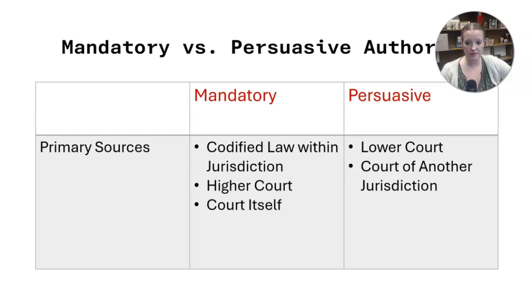So, for example, we have a decision in the Texas Court of Appeals, Dallas District, that would not be binding on the Texas Court of Appeals in Houston, because they are separate jurisdictions. However, it could be considered persuasive authority.